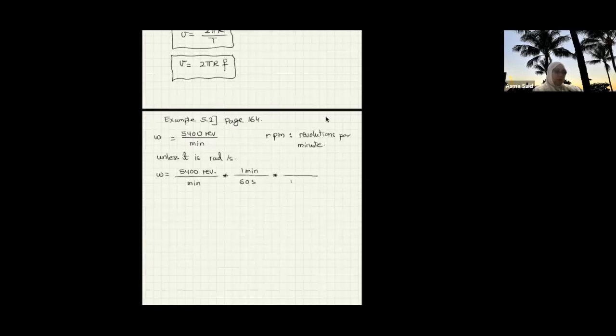And 1 revolution is 2 pi radians. By doing this, you will be able to find it. You can say it is 180 pi radians per second, or you can calculate exactly what the number is. But as I said, you need to convert. You cannot work with it otherwise.